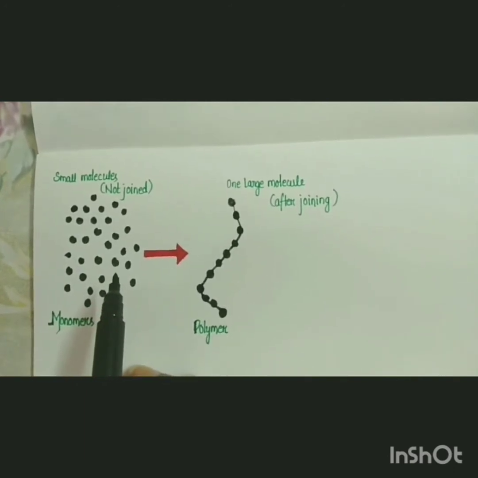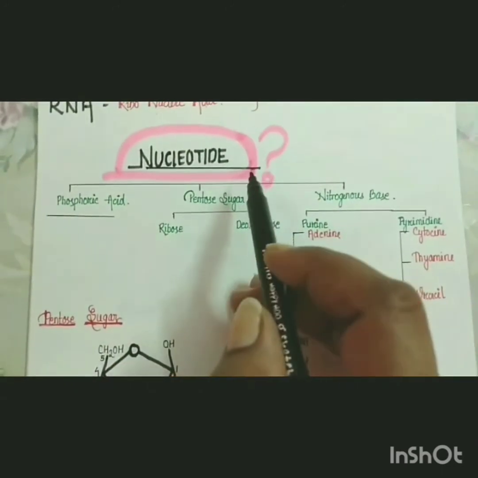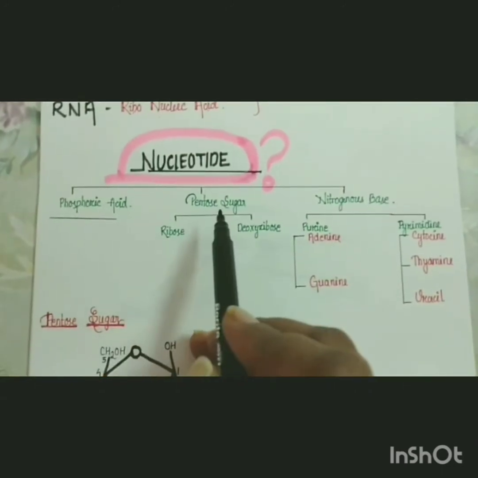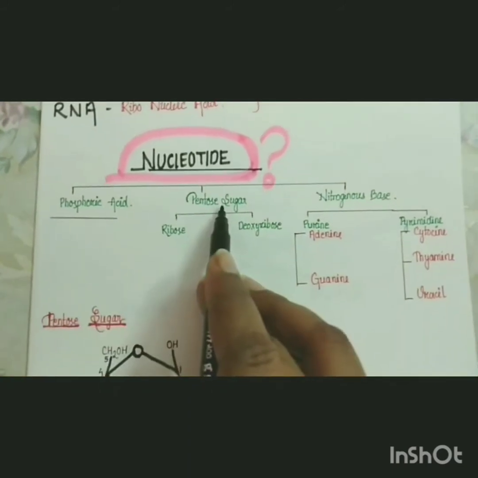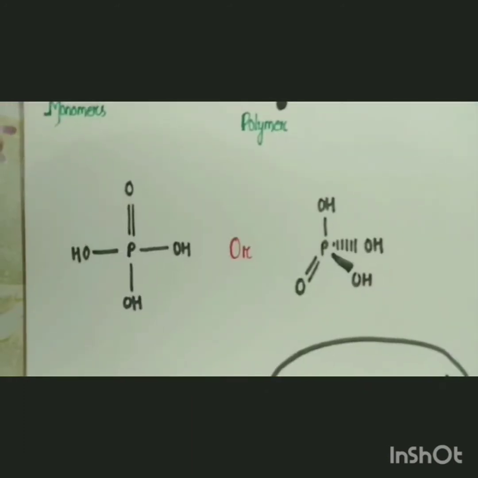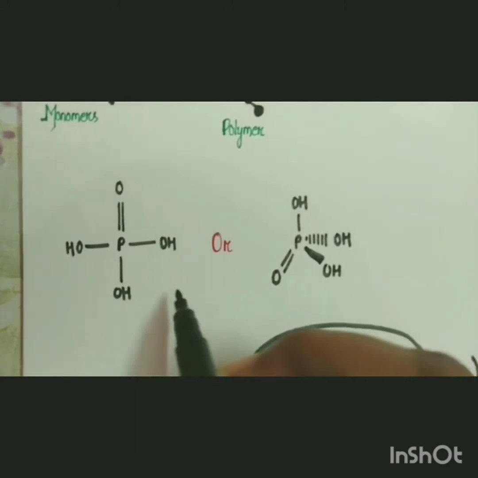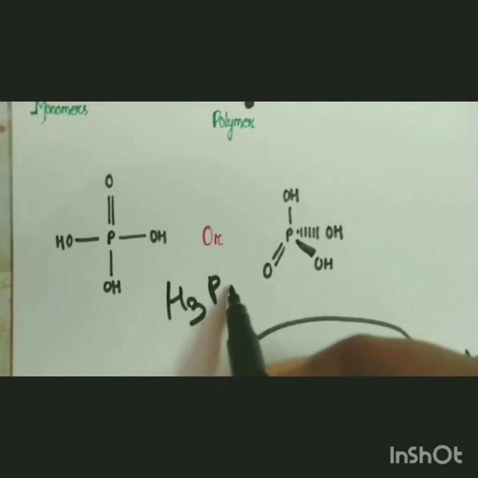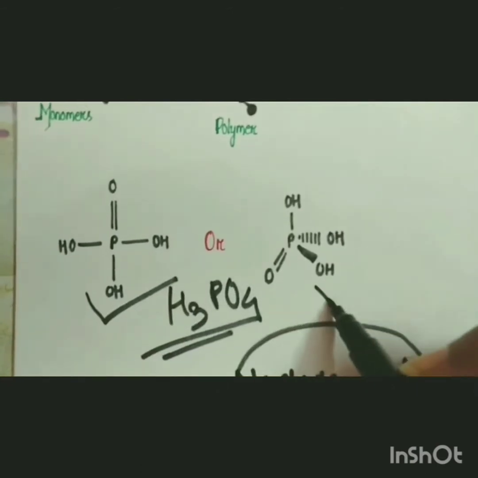So the nucleotide, as we can see, is composed of three things. One is phosphoric acid, second is a pentose sugar, and third is a nitrogenous base. Phosphoric acid is also known as H3PO4, and has a structure like this or this.